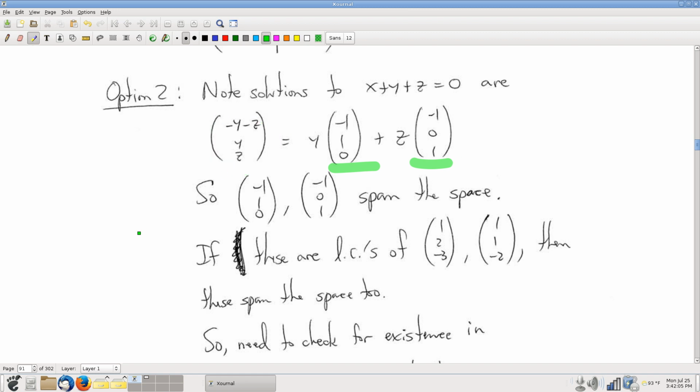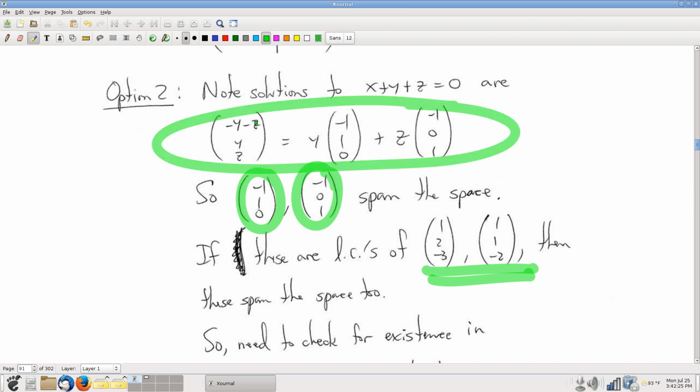And so if I simply confirm that both of these are linear combinations of these, then the result works. Right? So if this is a linear combination of those vectors, and if this is a linear combination of those vectors, then what we have here is a linear combination of linear combinations of these vectors, thus showing that this is a linear combination of those vectors.